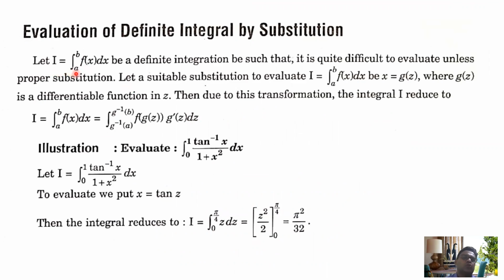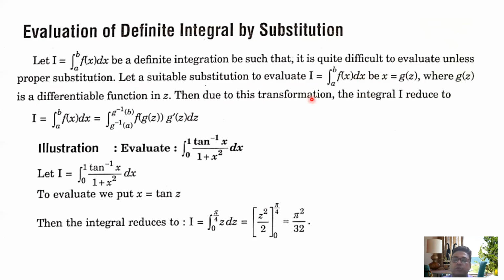Let I equals integral from a to b of f(x) dx be a definite integral such that it is quite difficult to evaluate unless proper substitution. Let a suitable substitution be x equals g(z), where g(z) is a differentiable function in z.